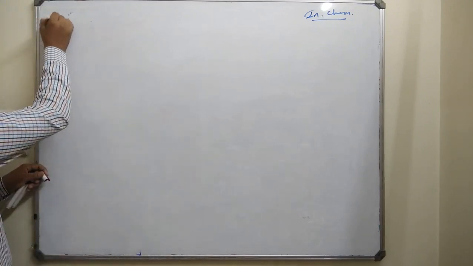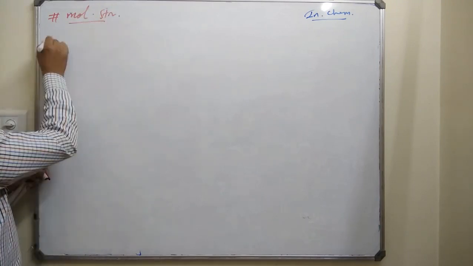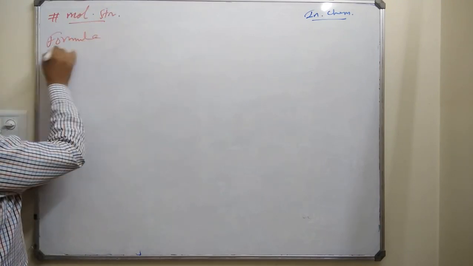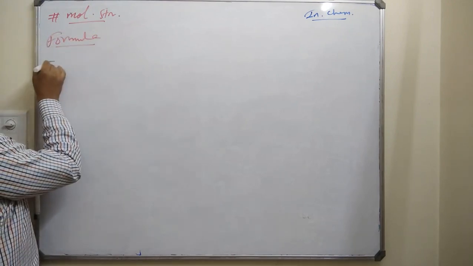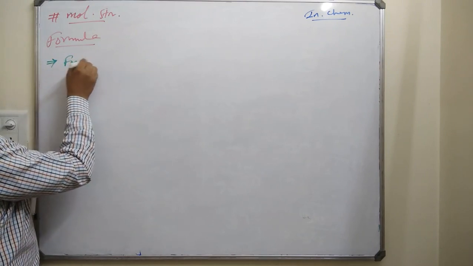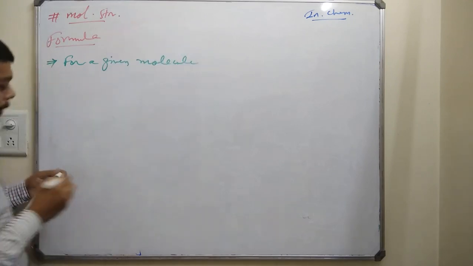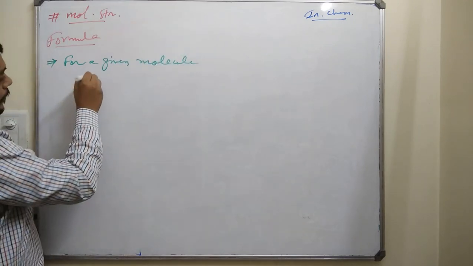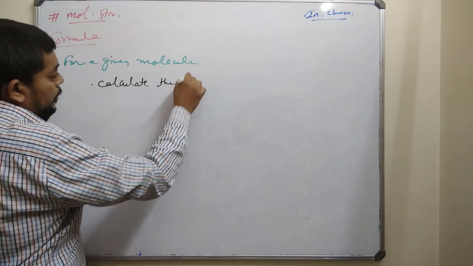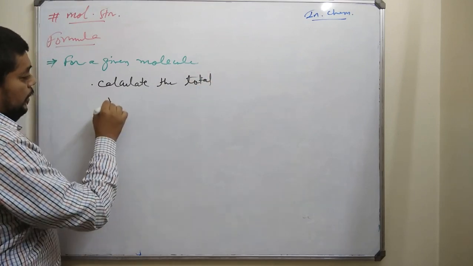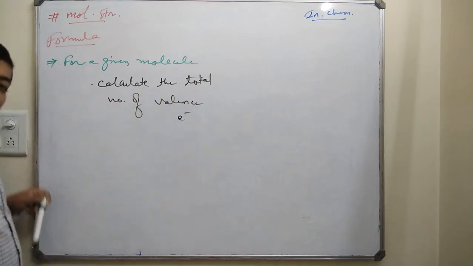So, related to molecular structure, the formula that we have to use is this: for a given molecule, calculate the total number of valence electrons.